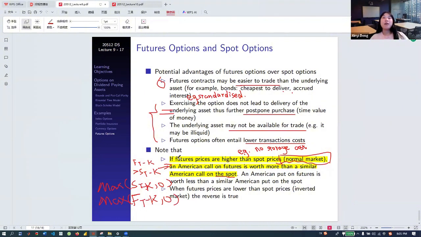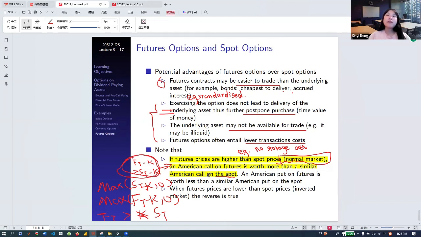If we're in a normal market, that means FT is greater than ST. Sorry, not FT greater than K, FT greater than ST. And if that's the case, we have this inequality that I'm highlighting here.